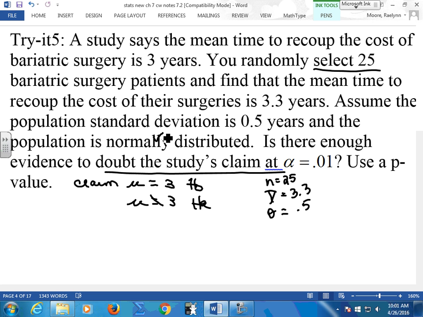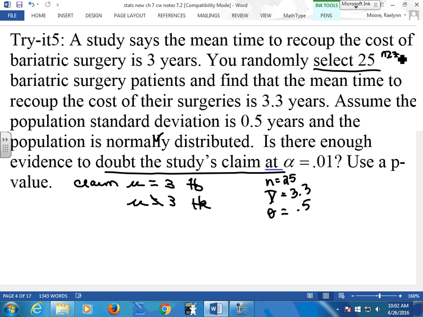No? Why does it have to be told to us? Because it's less than 30. Good, because N is less than 30. If N is greater than or equal to 30, then we don't have to, it automatically is normally distributed. Because it's less, that's a test that we do. We just do it in our heads, kind of. And if it fails, we wouldn't be able to do the problem at all.